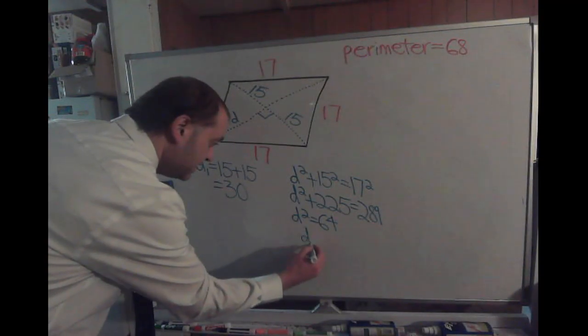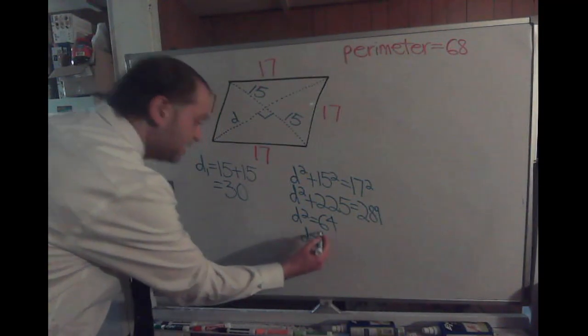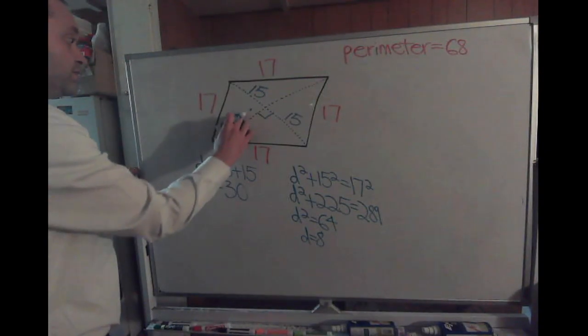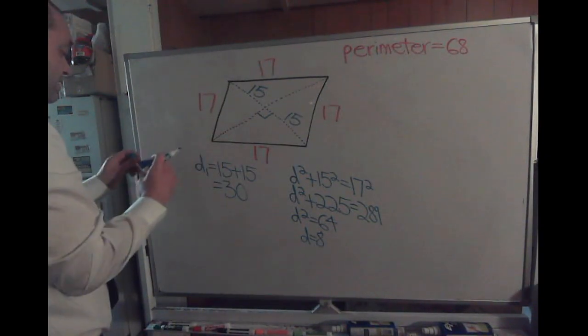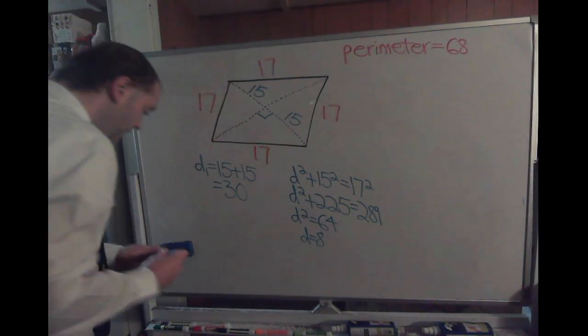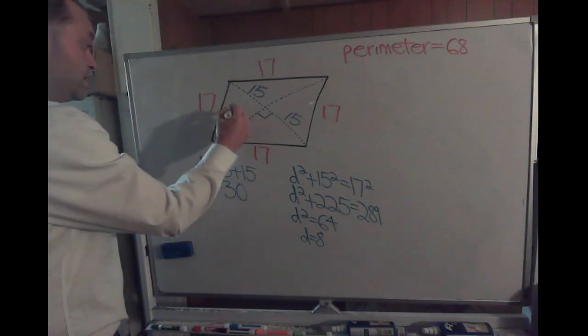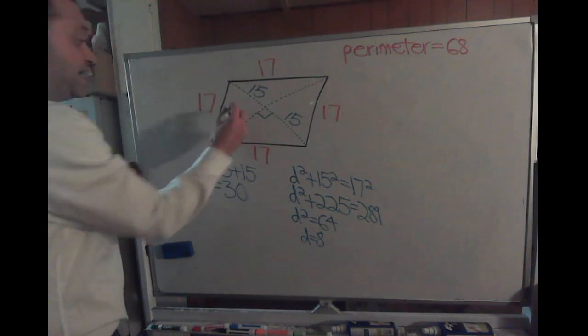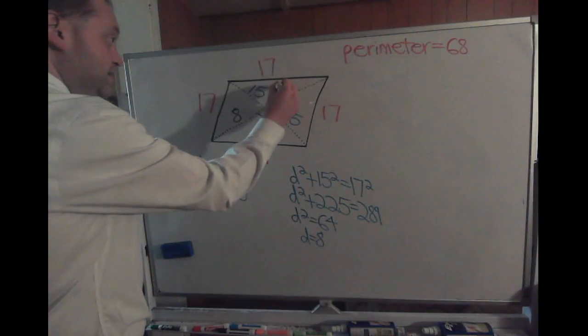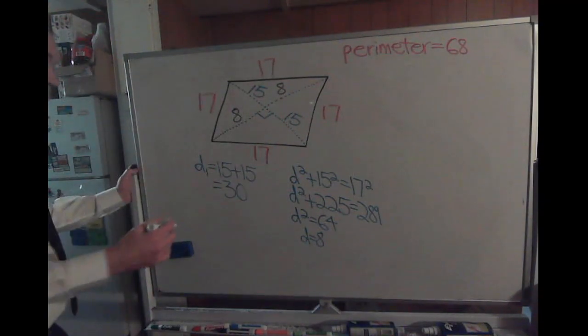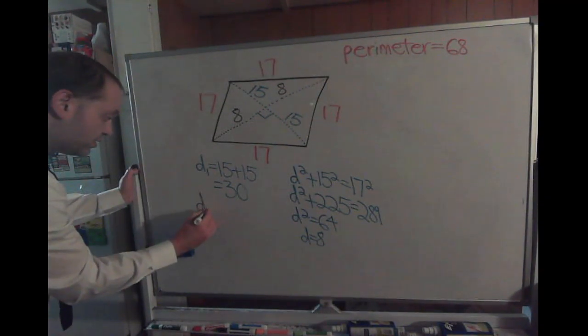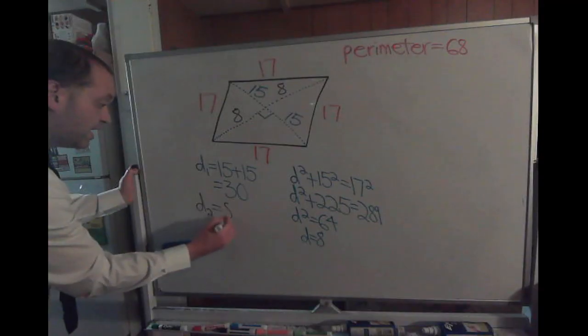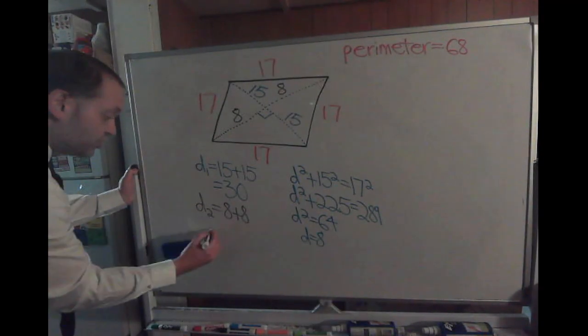So the length of d, of course, is going to be 8. So this half here of the purple diagonal has a length of 8. Which means the other half, since diagonals of any parallelogram are bisected, this half is also 8. So now we know the length of diagonal 2, it's equal to 8 plus 8, which is 16.